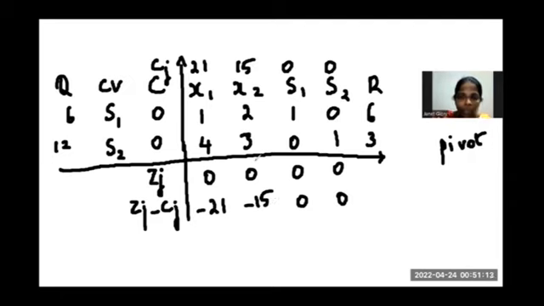So while we move on to the second table, since 4 is the pivot value, the 4 has to be converted to 1 and the other value, that is 1, to be converted to 0. This is the general procedure that we follow in simplex method.